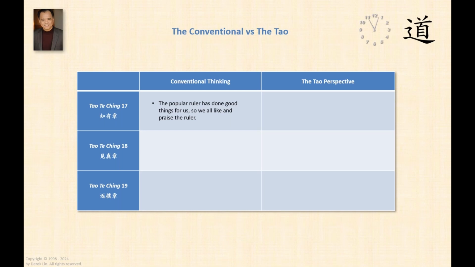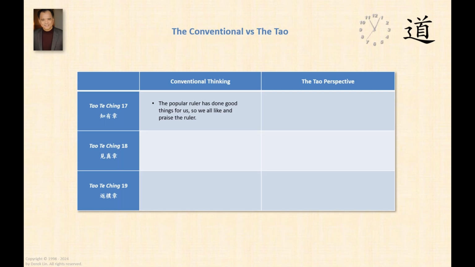One can never be certain how things will change in the world. Suppose the ruler passes away. Suppose the ruler is overthrown. Suppose the ruler hands the throne to a successor. The next king, will the next king be as good as the previous king? Nobody can say for sure. If this is not lasting, then it is not the Tao. It is not aligned or congruent with the Tao.